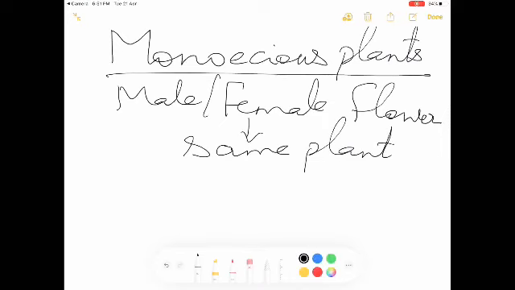A very good example is maize. More examples are cucumber and pumpkin. These are all monoecious plants.